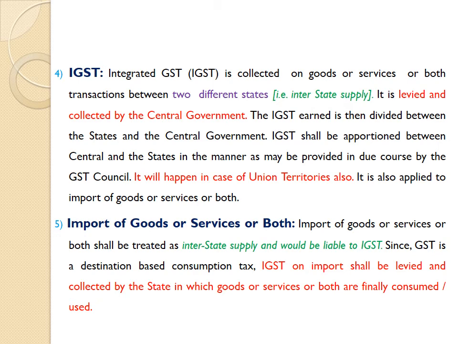IGST shall be apportioned between the Centre and states in the manner as may be provided in due course by the GST Council. It will happen in the case of Union Territories also. It is also applied to import of goods or services or both.